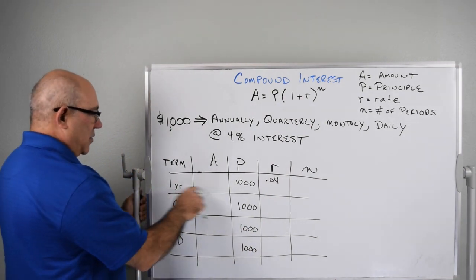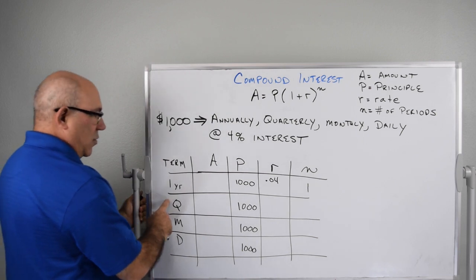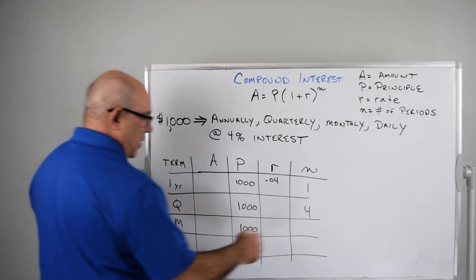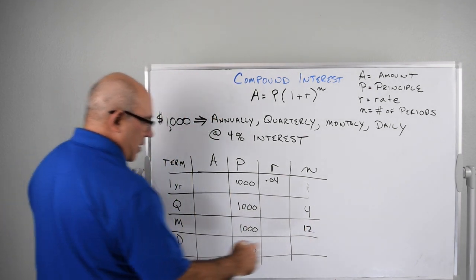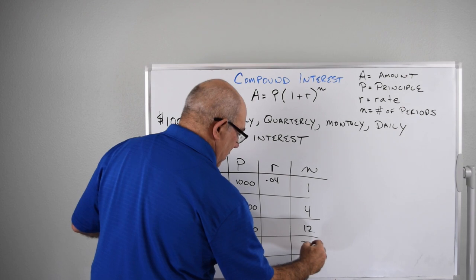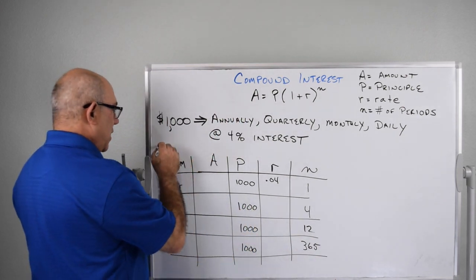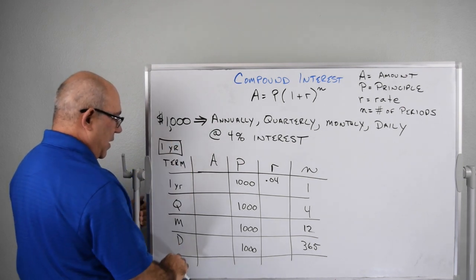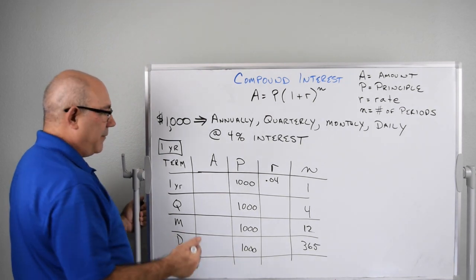Okay, and for this one, the number of periods is 1, and for the quarterly one, the number of periods is 4. For the monthly one, the number of periods is 12, and then the daily one, it's 365. And we're just going to say this is just for 1 year. It's just how we divide up the year and how we compound the interest in that interval, okay?